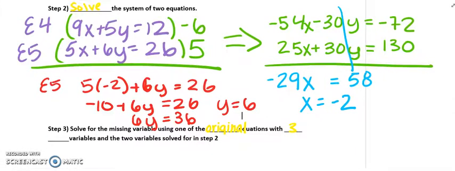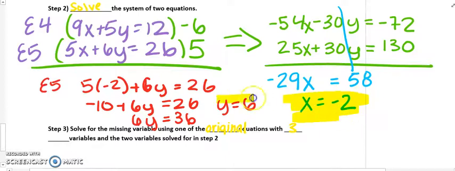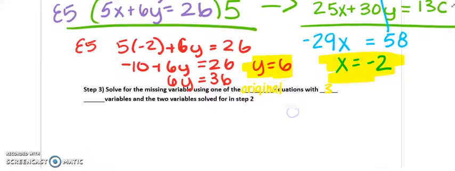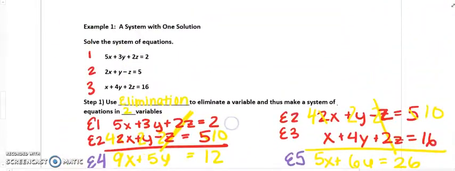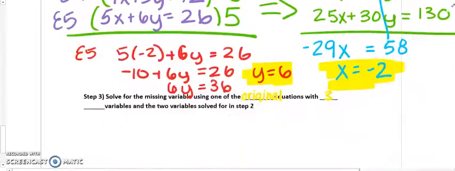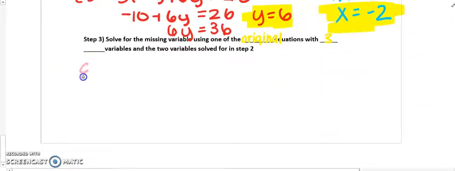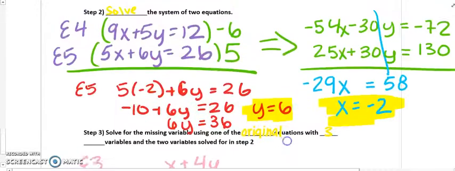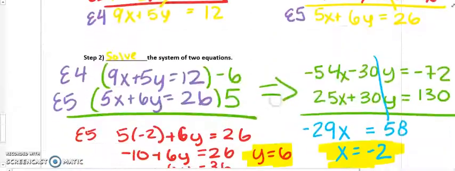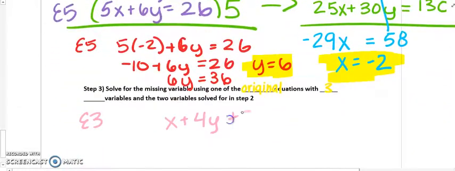So I have my x value, I have my y value. Now I have to find my z, so I go back and plug into one of the original equations. 1, 2, or 3, doesn't matter which. 3 doesn't look bad. Let's do 3. So x plus 4y. You don't have to keep up with what equation you're plugging into, as long as you keep track.